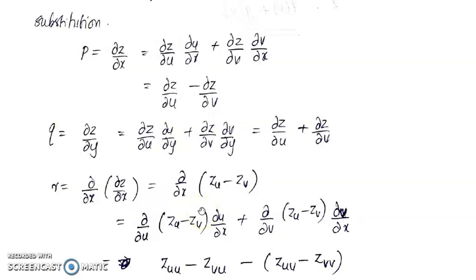By chain rule it will be dou by dou u of zu minus zv into dou u by dou x plus dou by dou v of zu minus zv into dou v by dou x. Now you know dou u by dou x and dou v by dou x are 1 and minus 1.